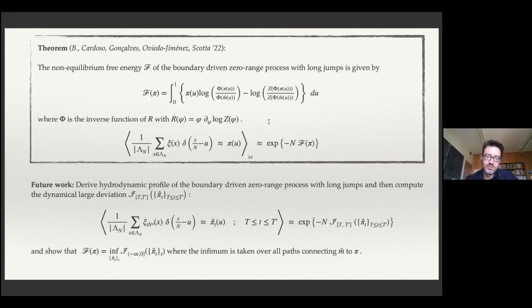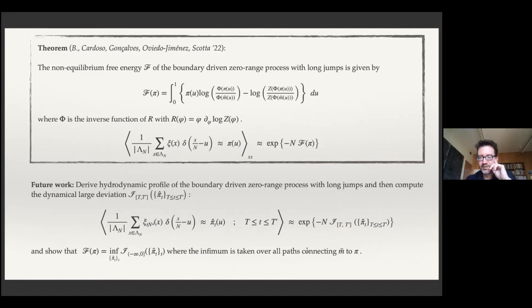And so the next step would be to try to derive the hydrodynamic profile of the boundary-driven zero-range process with long jumps, which is more complicated than in the case of the exclusion process, because in this case we will have nonlinear equations, and then try to compute this dynamical large deviation, and then try to show that indeed the macroscopic fluctuation theory is valid, that this non-equilibrium free energy can be recovered from the dynamical large deviation functional of the path by this variational problem.